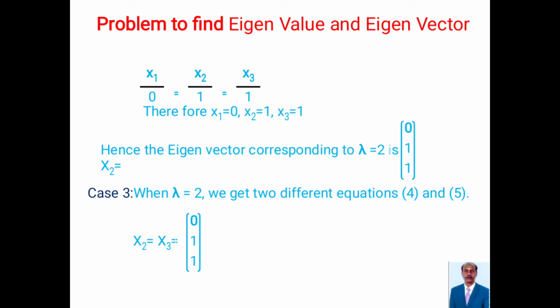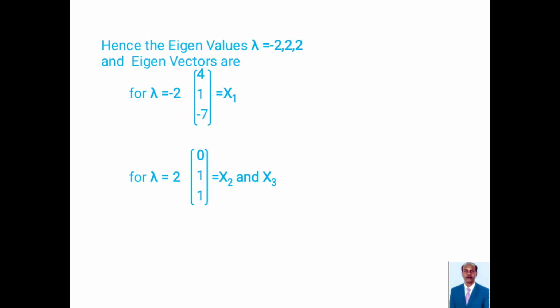Both eigenvectors x2 and x3 are 0, 1, 1. Hence the eigenvalues are lambda equal to minus 2, 2, 2, and the eigenvector for lambda equal to minus 2 is x1 equal to 4, 1, minus 7. For eigenvalue lambda equal to 2, the two vectors x2 and x3 are 0, 1, 1. So we found all the eigenvalues and all the eigenvectors of the given matrix.